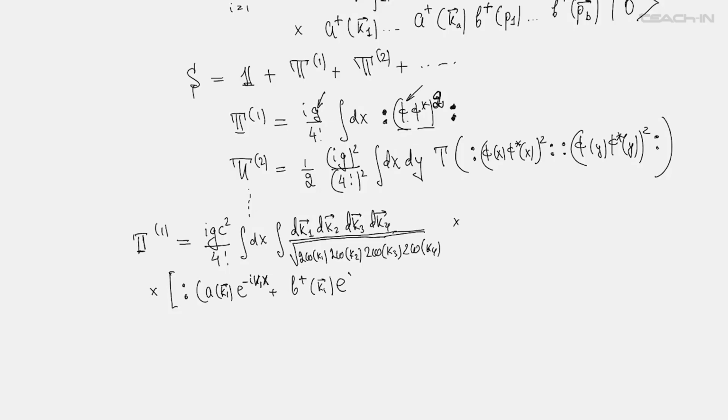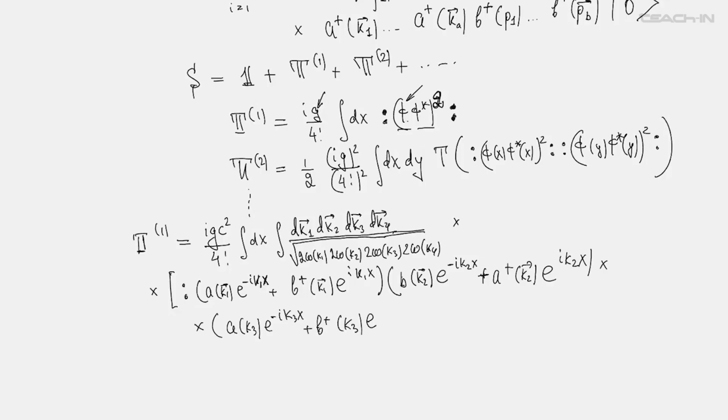Another field, B on k2, multiplied with exponential minus i k2x, plus A dagger on k2, exponential i k2x, multiplied by 2 more fields, and another one is B on k4, exponential minus i k4x, plus A dagger k4, exponential i k4x.